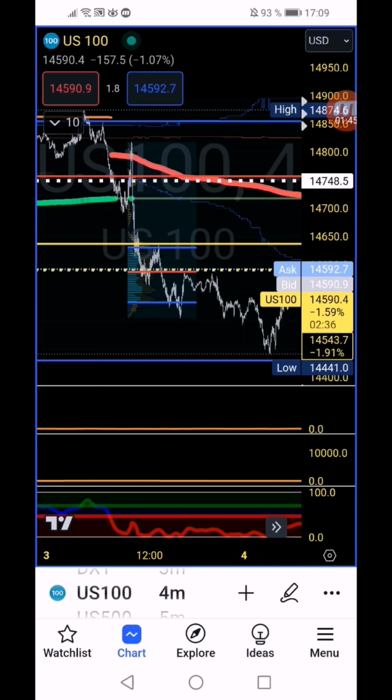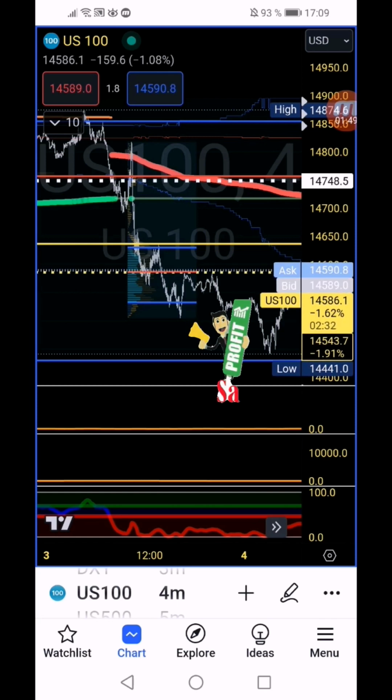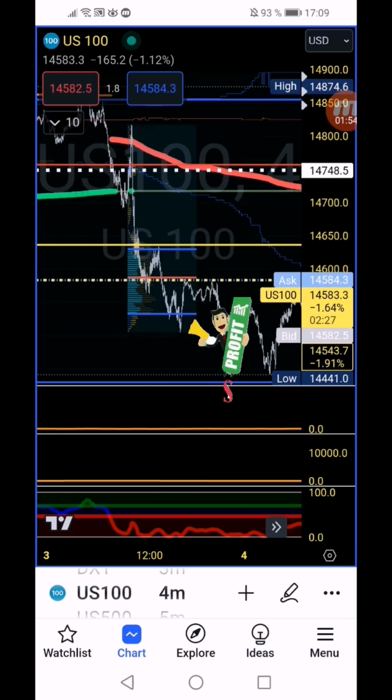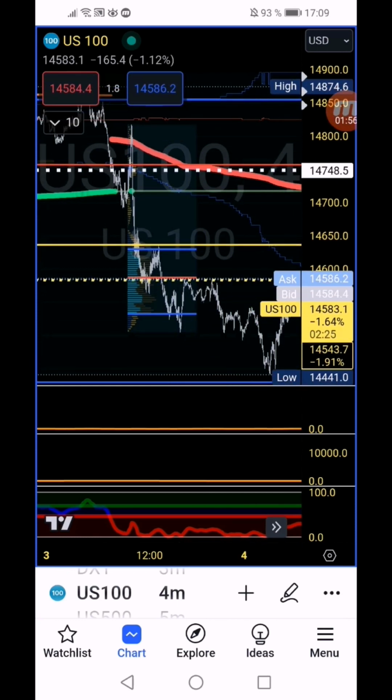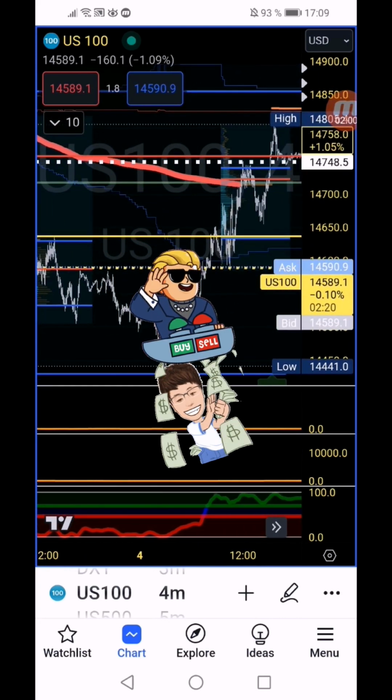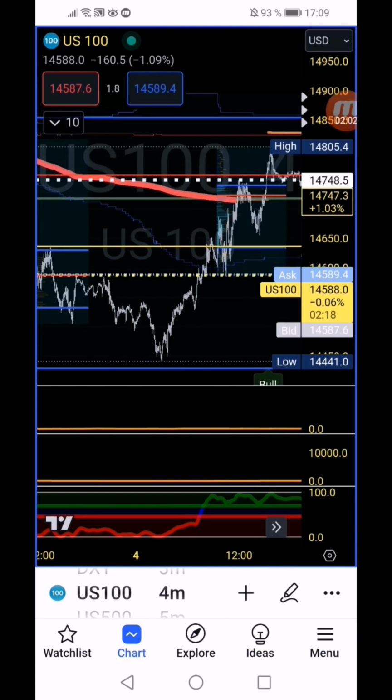And the other explanation is that also some sellers are taking profit at this level, so that is creating more buy volume.